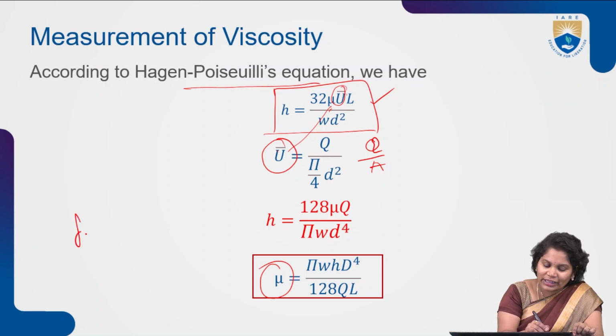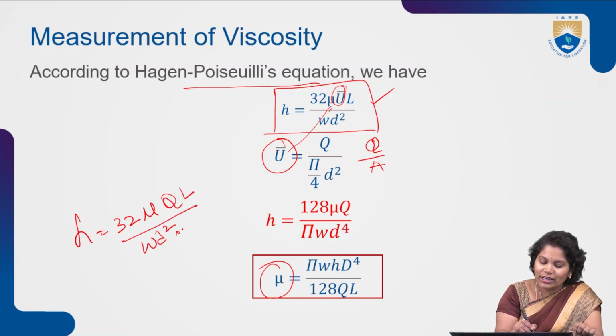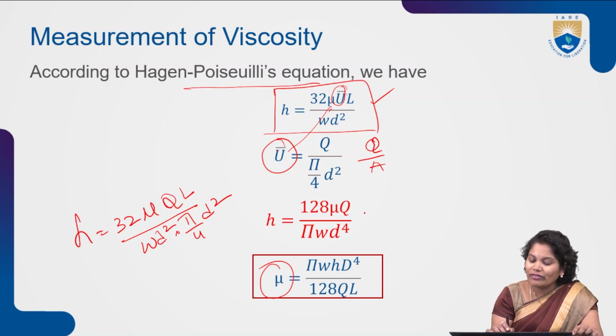Here h is equal to 32 mu Q L by w d square into pi by 4 d square. When you simplify, you will get h is equal to 128 mu Q by pi w d square.